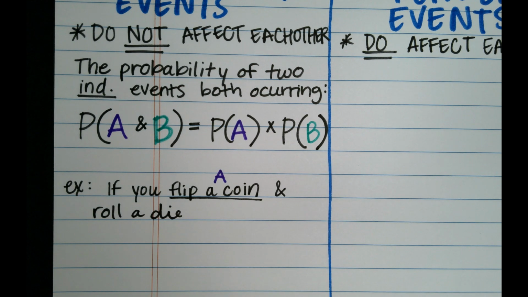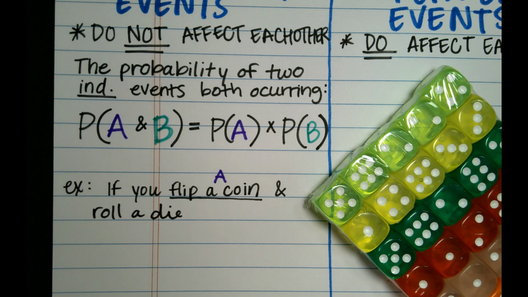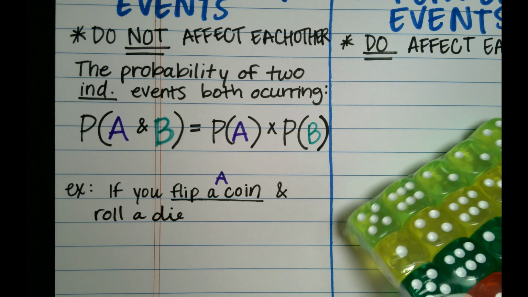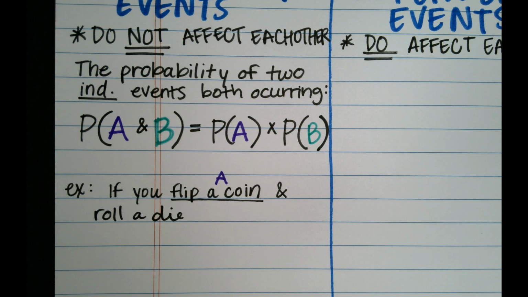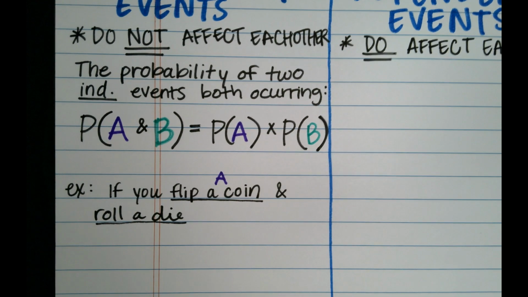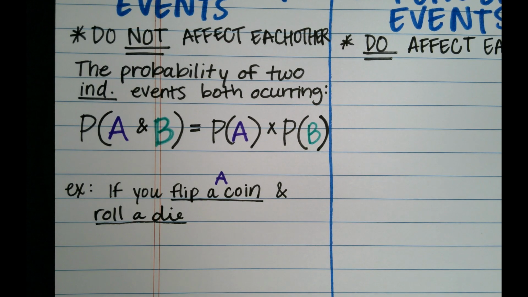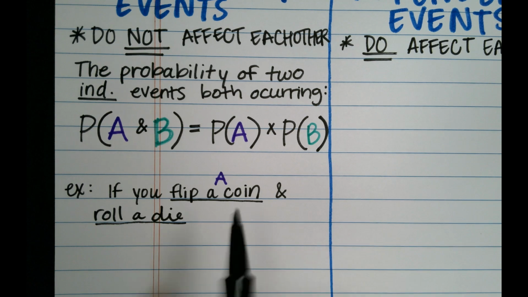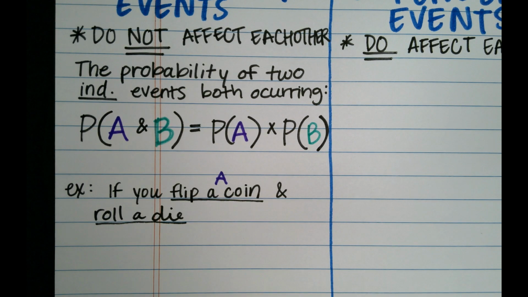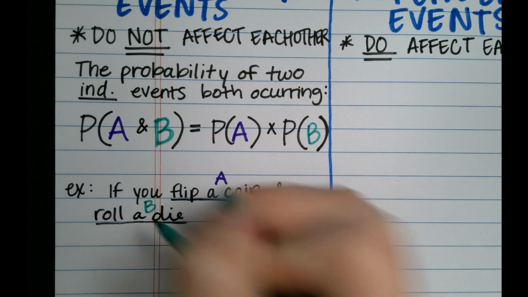Whenever I say roll a die, I'm talking about one of these dice. That's just the singular. One dice would be called a die. So if I flip a coin and I roll a die, rolling the dice will be event B.